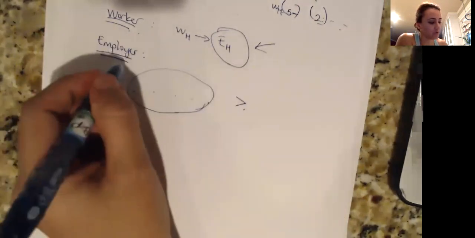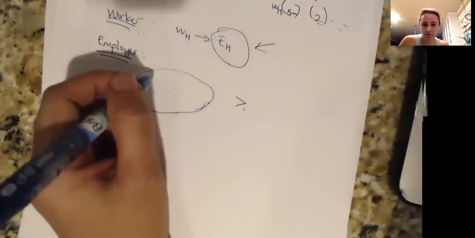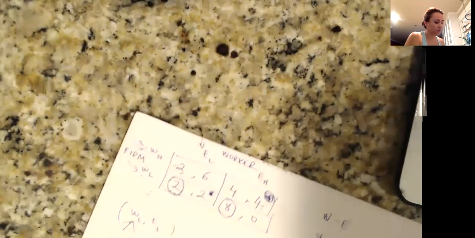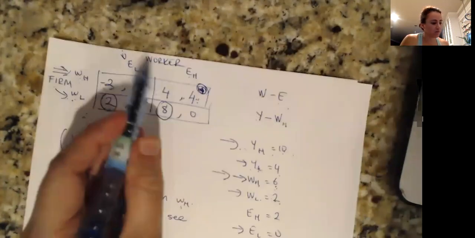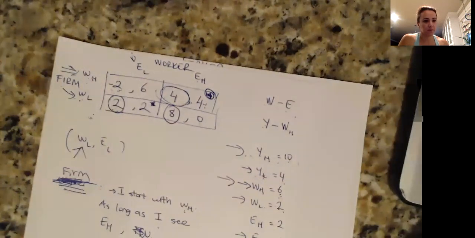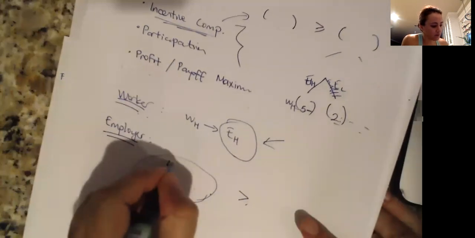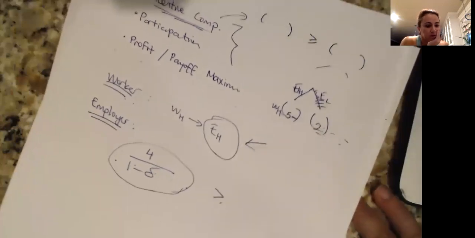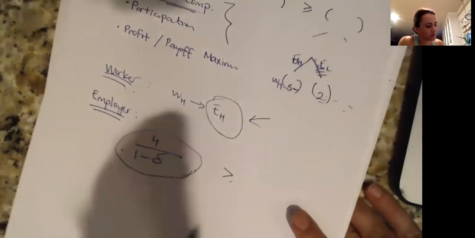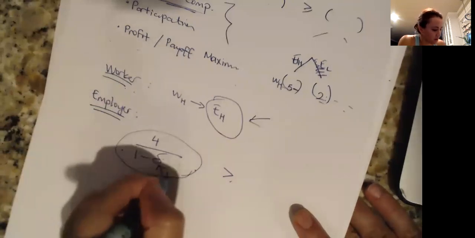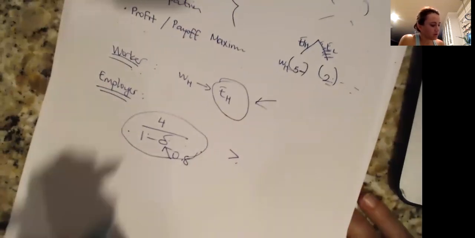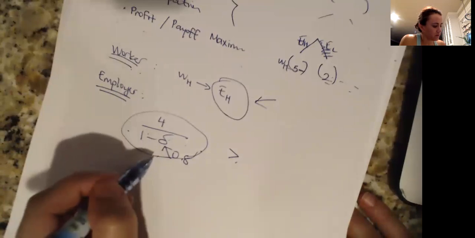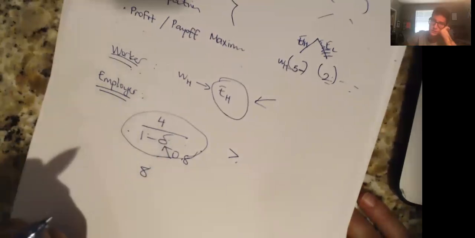So if the employer chooses WH, when you go back and check the payoff matrix, you will see that he's going to get 4. Right? So by complying, he's getting 4 forever. So 4 divided by 1 minus delta. Since delta is equal to 0.8, this is equal to 20.